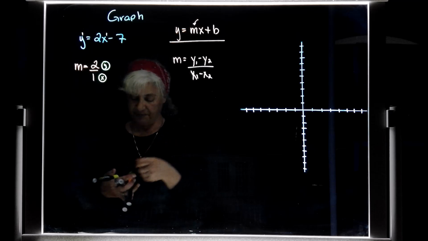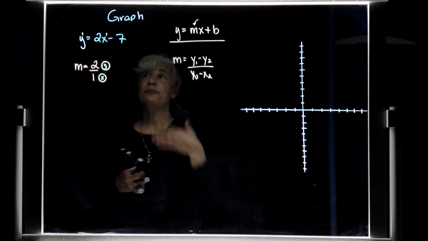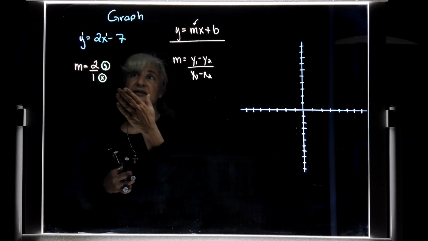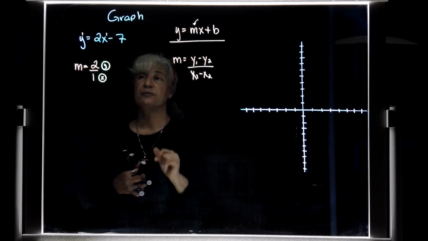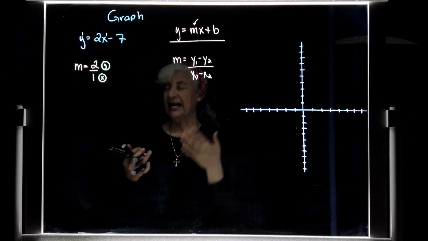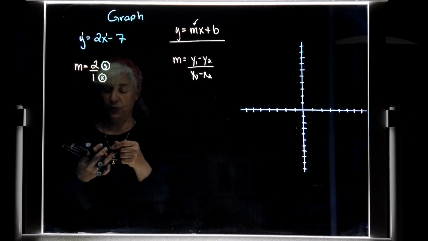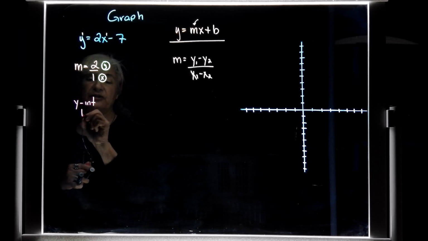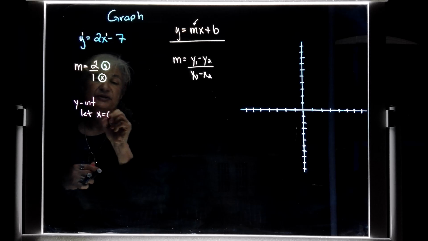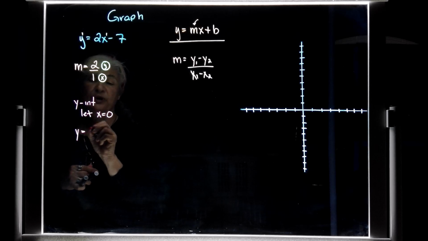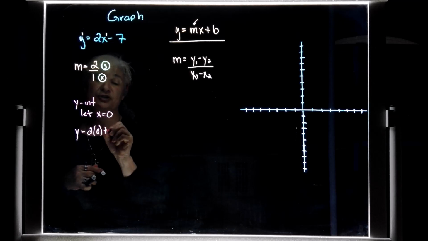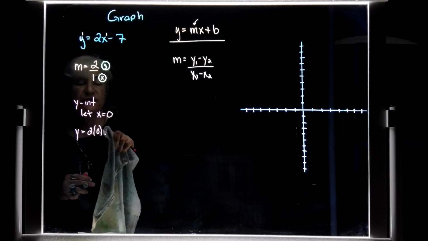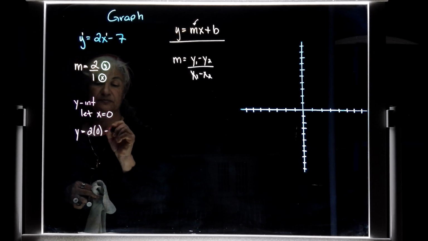Good? Okay. Now, the other piece of information this equation gives me, besides the slope, as long as it's set up in this format, is the y-intercept. And so remember, to find the y-intercept, we are going to let x equal 0. So yes, I'm taking the long way around because I want to make certain that you understand why the y-intercept is what it is.